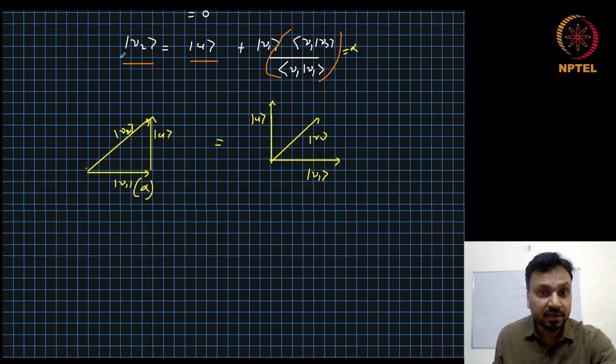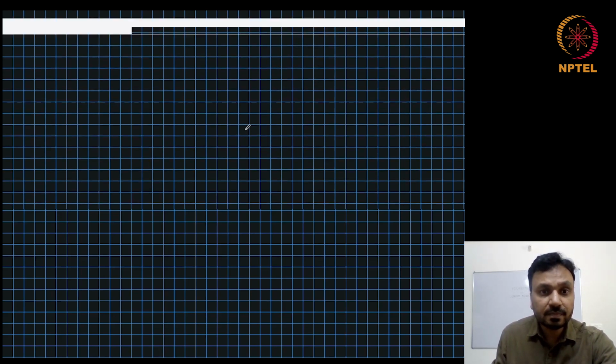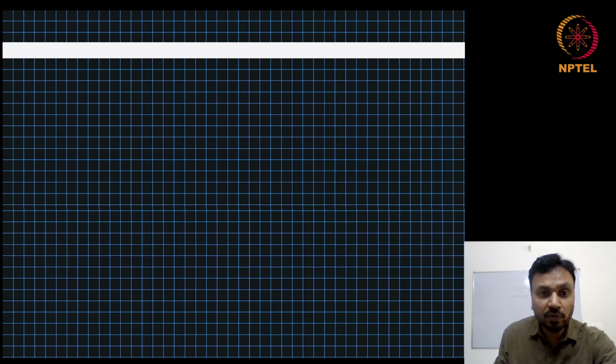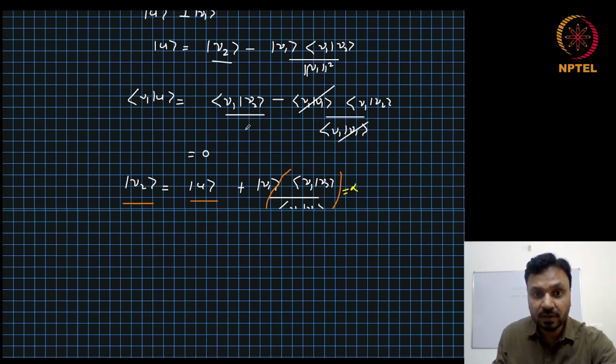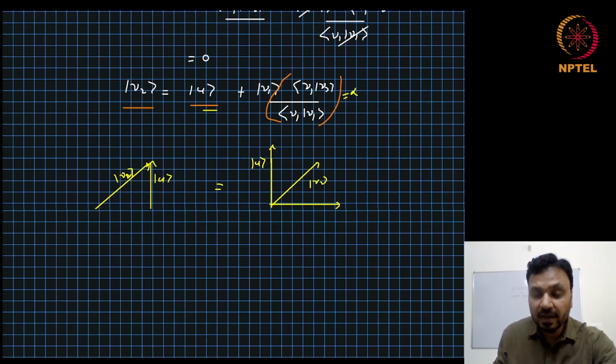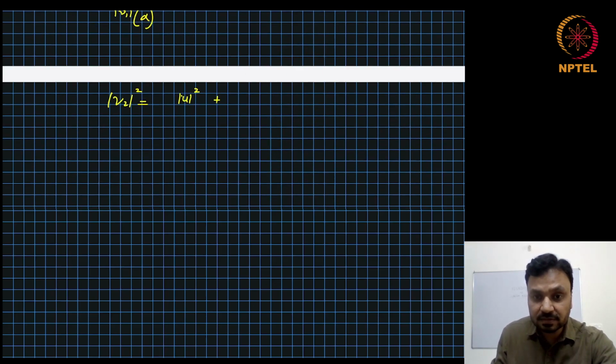So now we can use in a way the Pythagoras theorem, or we can just take from here we can see that the norm of v2 will be the norm of u, norm square of u, which is here, and the norm of this vector, which is norm of v1 times inner product v1 v2 mod square over v1 mod square.